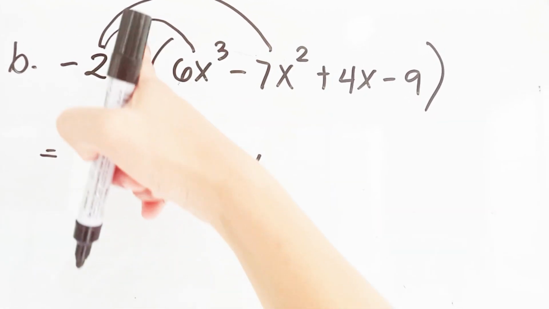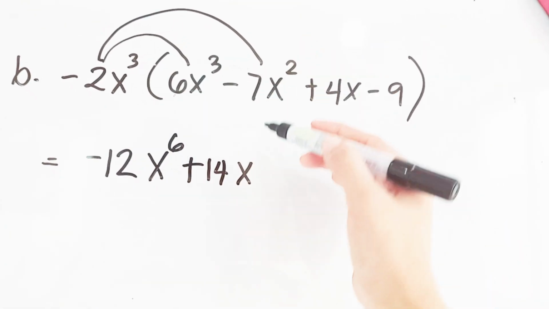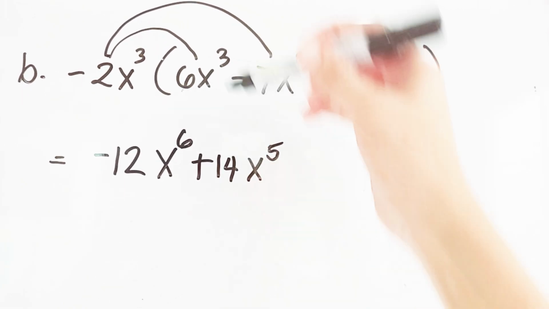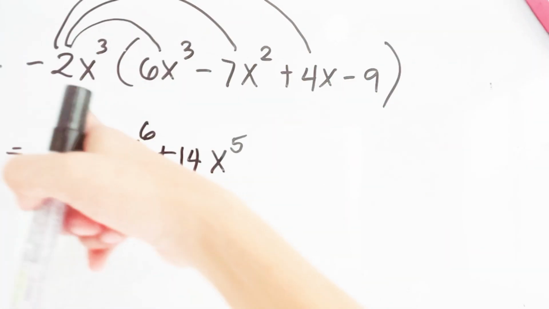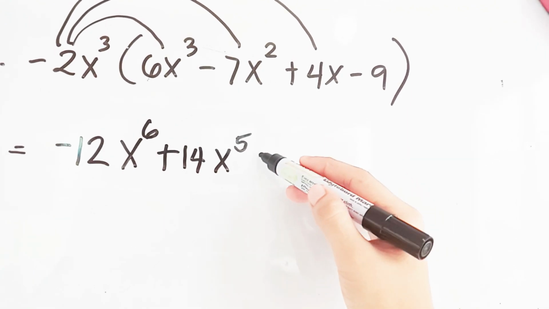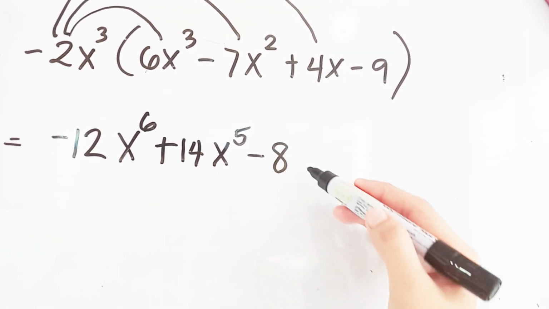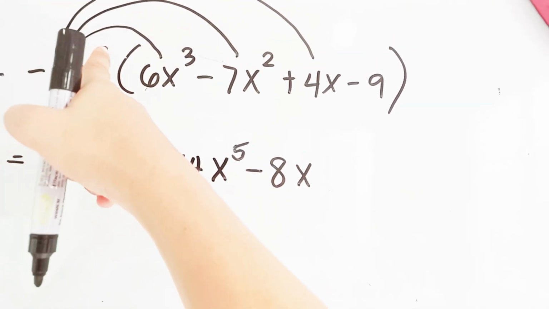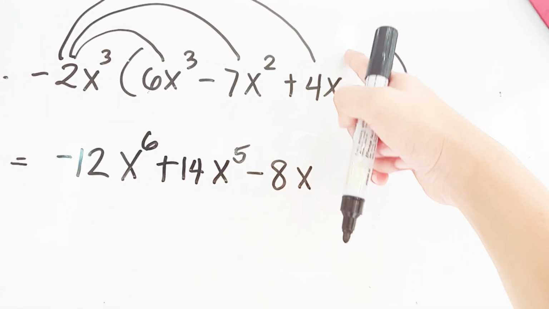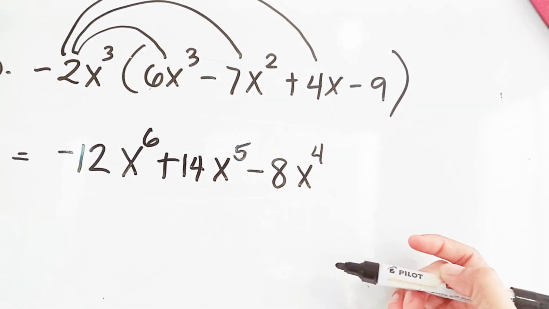Copy x, add the exponent, 3 plus 2, that is 5. Continue. Negative 2 times positive 4, that is negative 8. Copy x, add the exponent, 3 plus 1, there is 1 here, so that is 4.